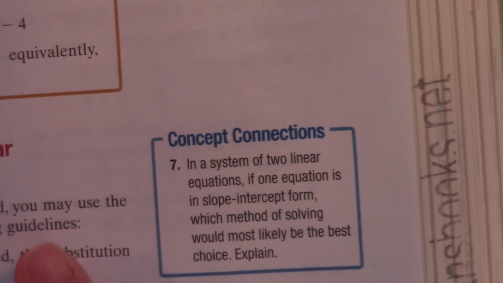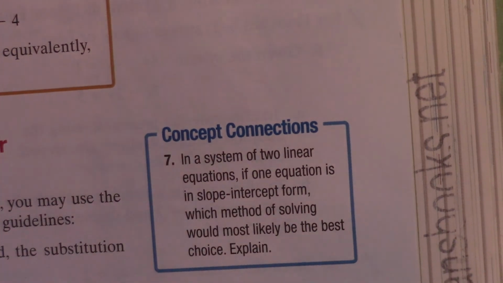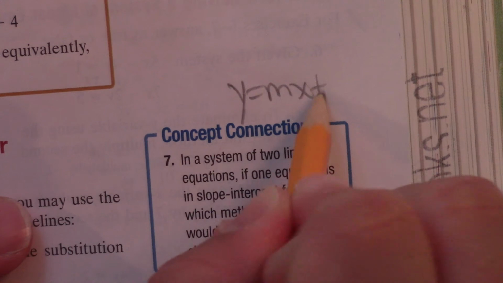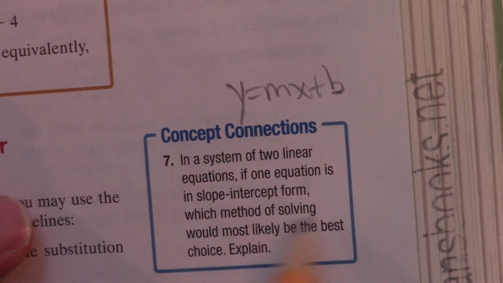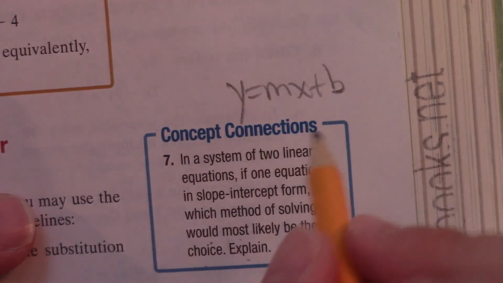But in a system of two linear equations, if one equation is in slope-intercept form, think of what that means. If it's in slope-intercept form, that means it's in y equals mx plus b, right? Which method of solving would most likely be the best choice? Would you use elimination or substitution?